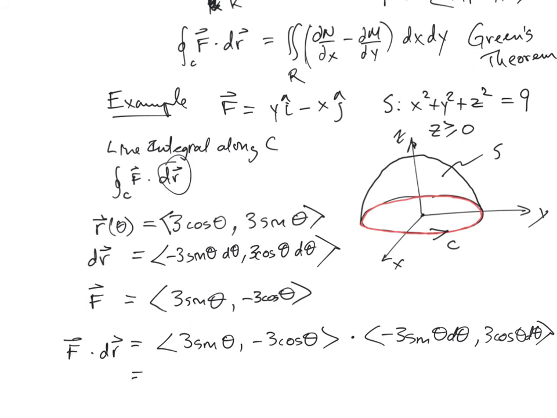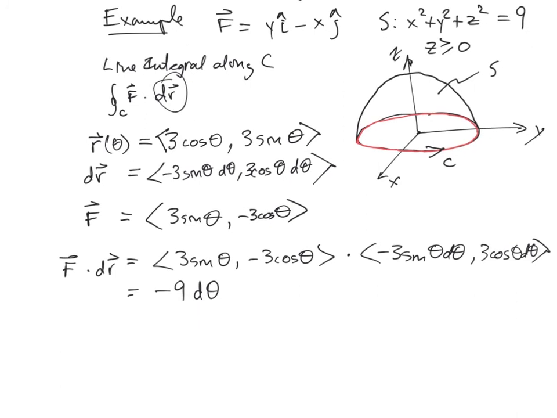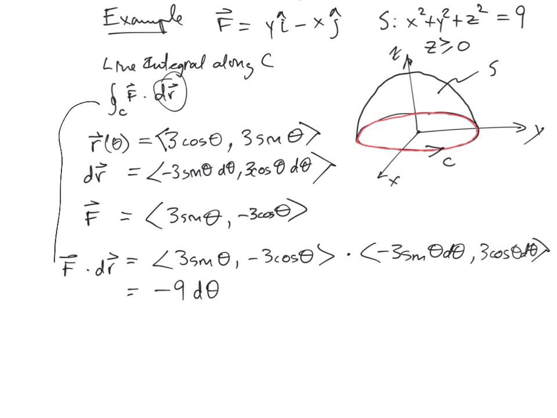All right, you do that, you're going to get a bunch of sine squares plus cosine squares, which of course equal 1, and that is going to simplify pretty easily to minus 9 d theta. So now my vector line integral is simply the integral of minus 9 d theta.